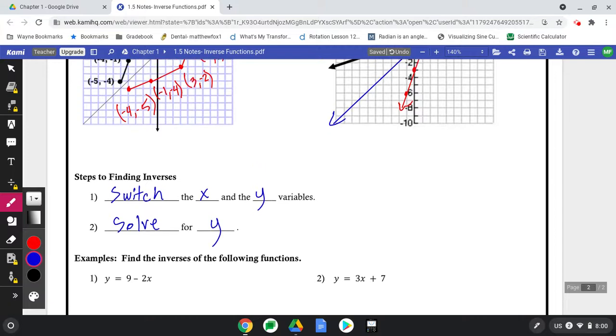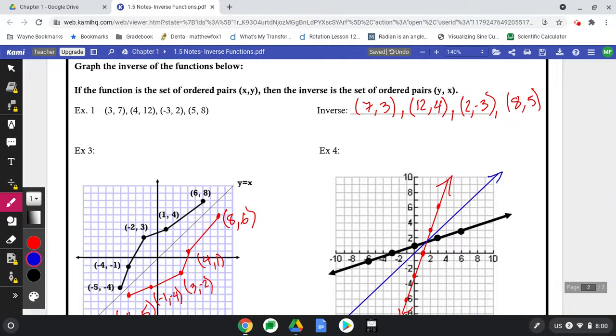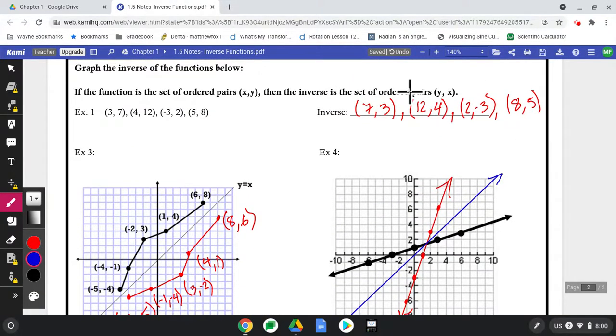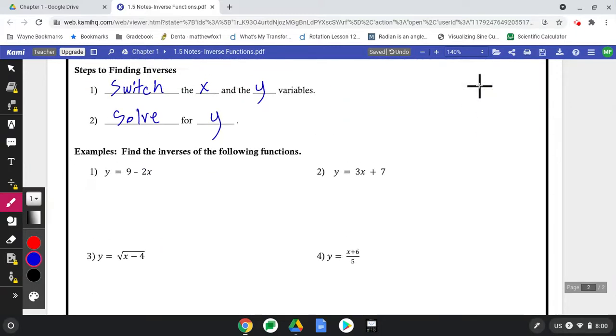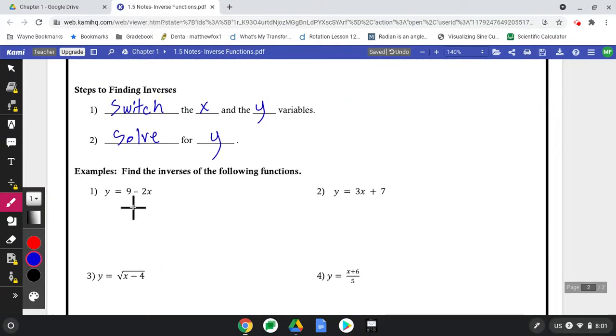What do I mean by that? Just like we said up here, the ordered pairs, if it's x, y, then it switches to y, x. So down here, on example 1, instead of y equals 9 minus 2x, we're going to switch the x and the y. We'll have x equals 9 minus 2y.